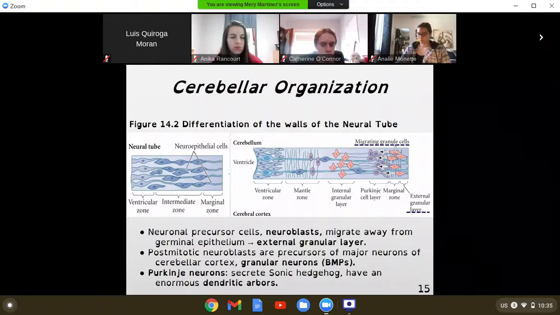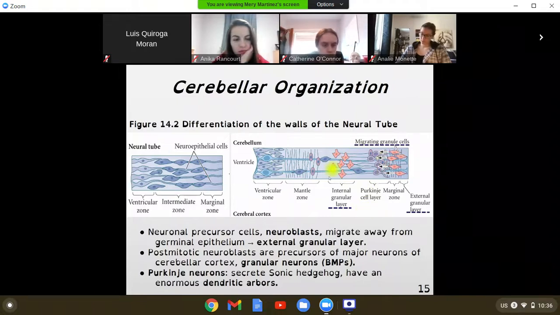So these granule cells migrate backwards towards the ventricular zone. They are going now to the ventricular zone, and they will form the internal granular layer. Meanwhile, the original ependymal cells, the ones that we have in here, are going to start creating some glial cells, including the Purkinje cells.